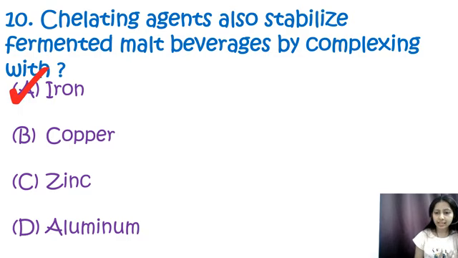This complexing action helps to stabilize the product by preventing the metal ions from catalyzing undesirable reactions such as oxidation reactions. This helps preserve the product from degradation, and in the fermentation of malt and beverages, it helps to preserve the flavor and color of the product. So my correct option is A, that is iron.